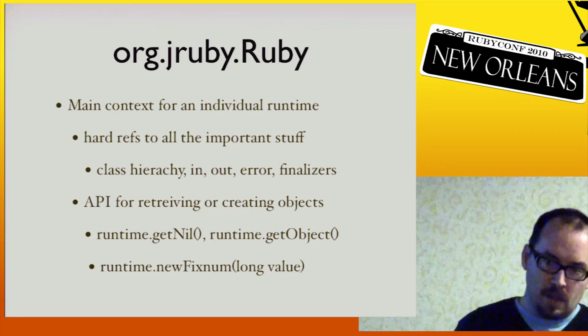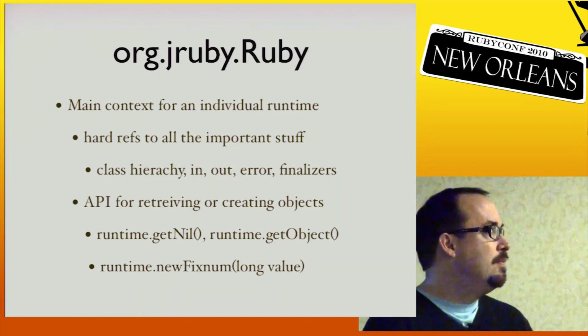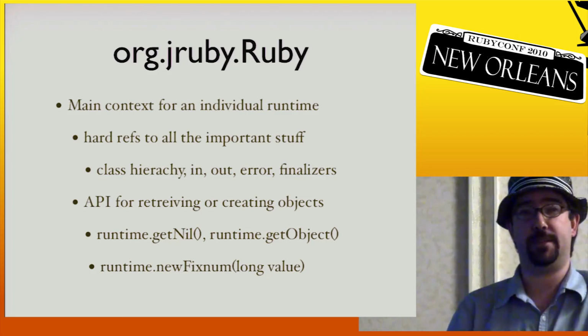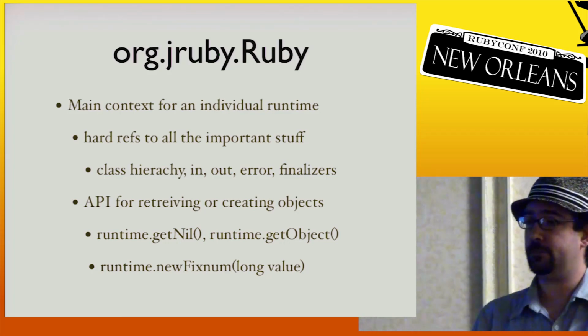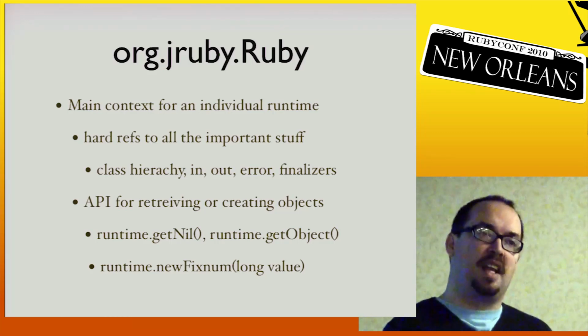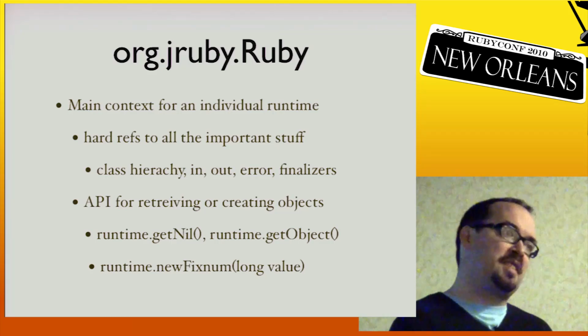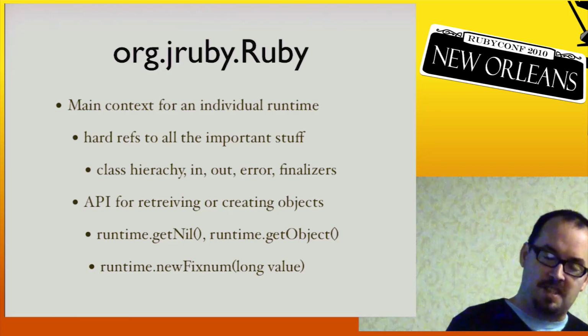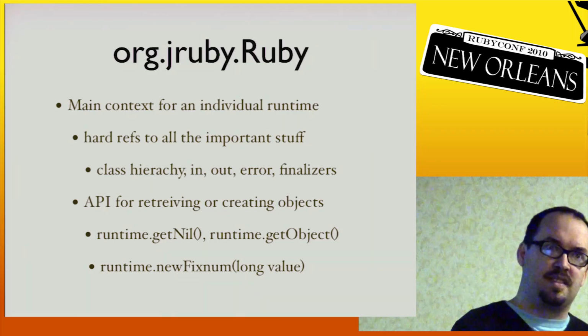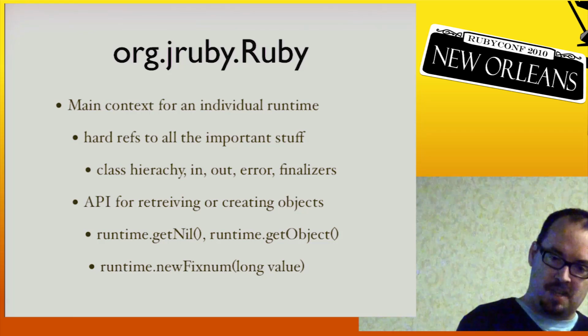And of course, that also means we run multiple Rails apps in the same JVM. It's really not a very difficult thing. JRuby is just another object in the JVM. And like a typical context object, it basically holds a hard reference to anything that actually matters. The class hierarchy, then by extension all the live objects in the system, in, out, error streams, finalizers, everything pretty much.